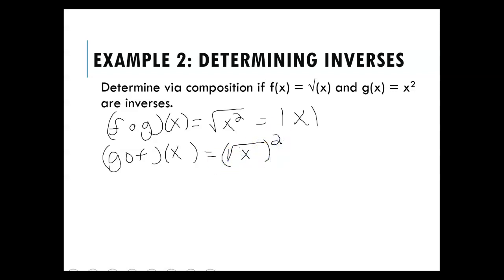Stop writing for a second. So when you do this one, I get x for one of my compositions, but I get the absolute value of x for the other. Is the absolute value of x equal to x? No. So these are not inverses of each other.